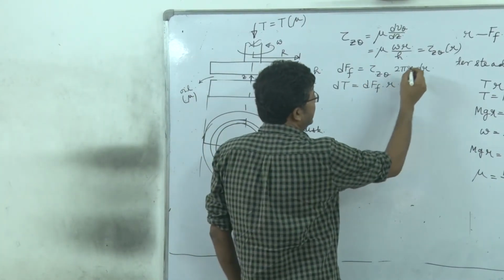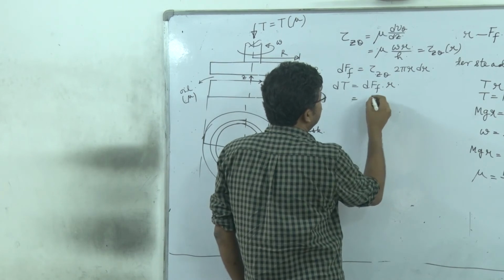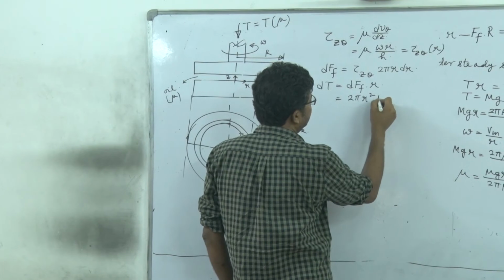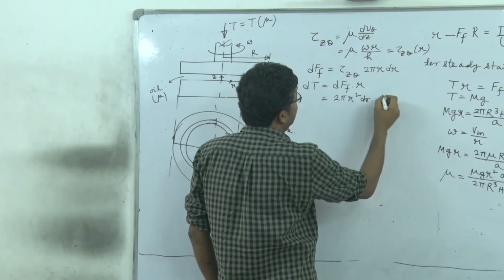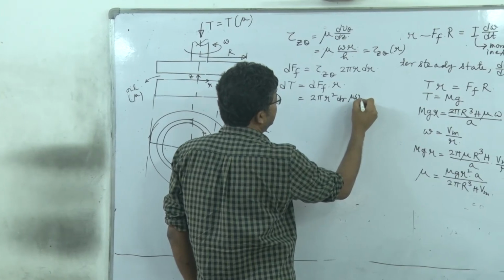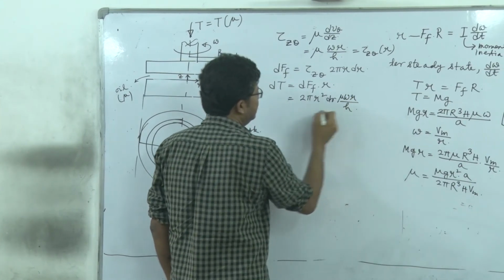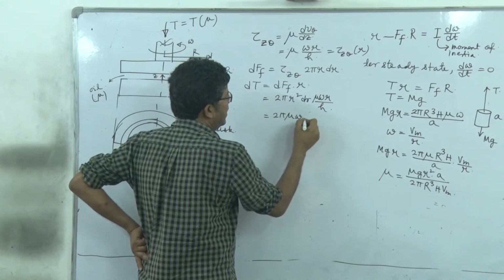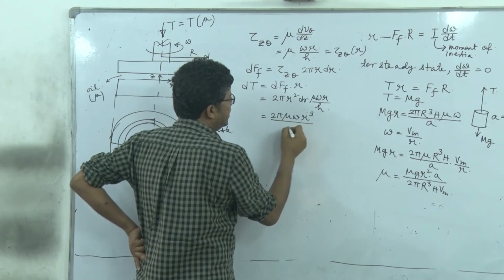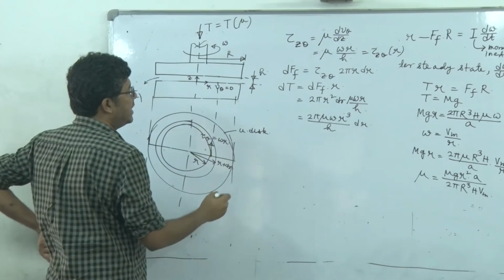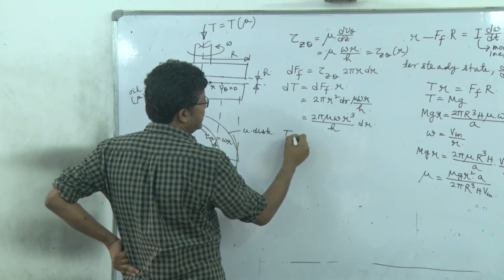So dF into r. Now if you replace, it will be 2 pi r square dr, and here we have mu into r into omega divided by h. So it is 2 pi mu omega r cube divided by h dr. So that is the differential torque.